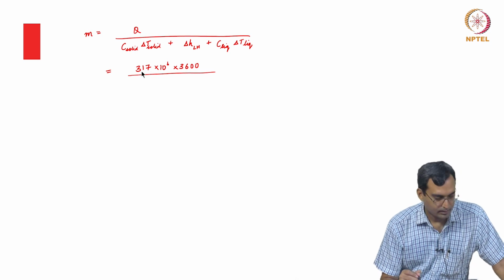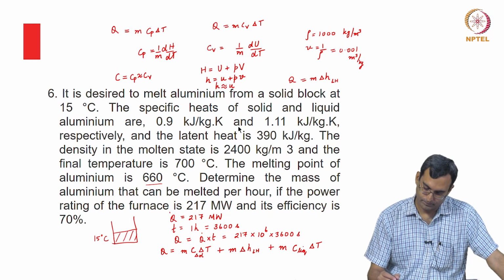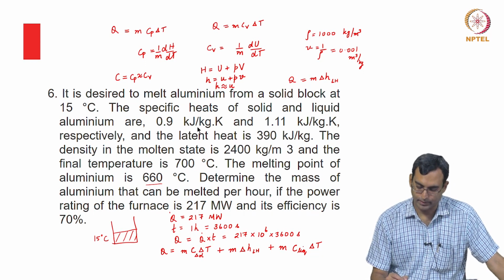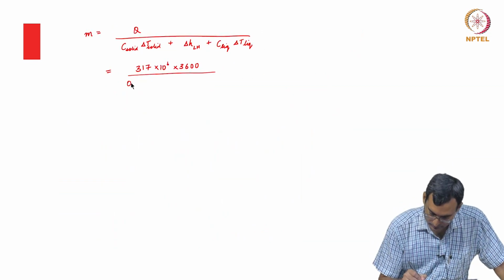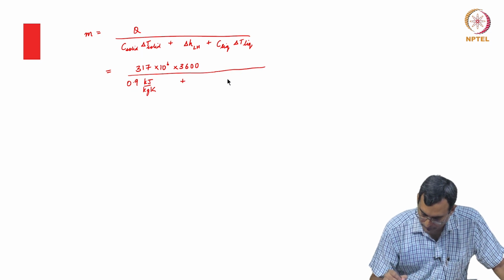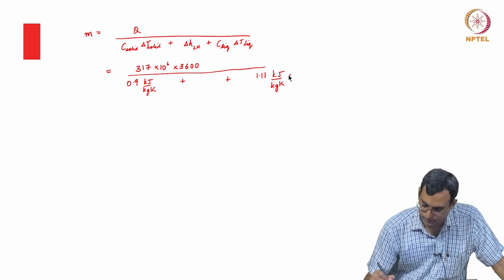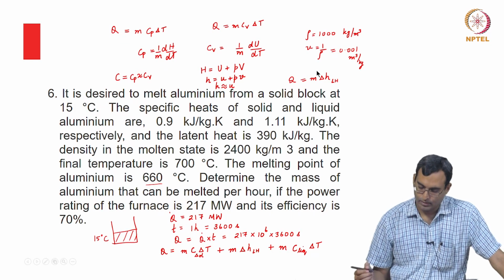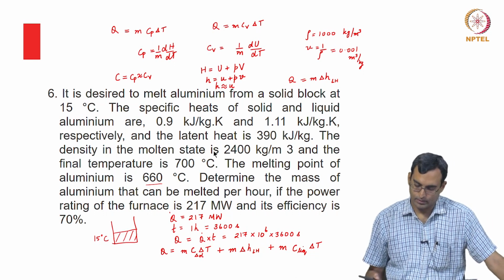Now, the specific heat of the solid is 0.9 kilojoule per kg Kelvin, and for liquid it is 1.11. The latent heat is 390, the density in the molten state is 2400.